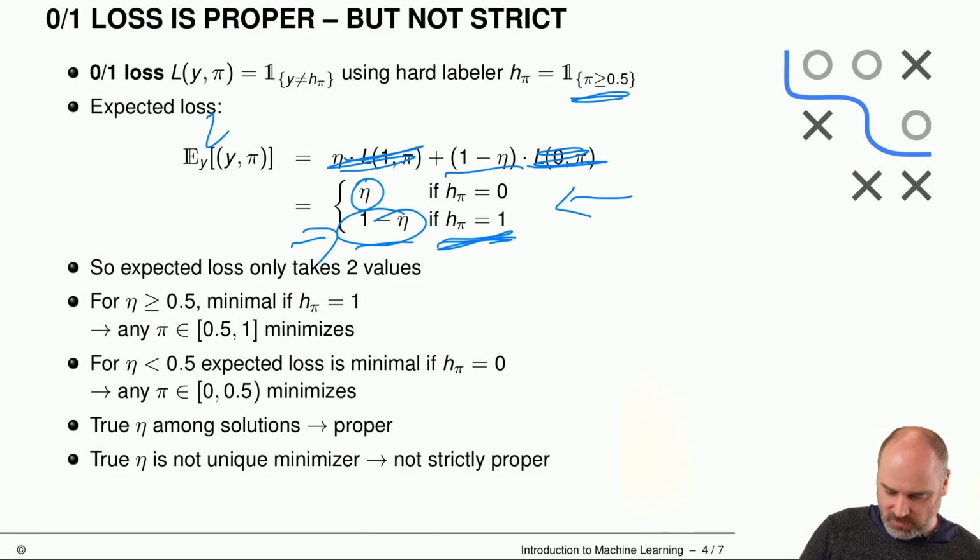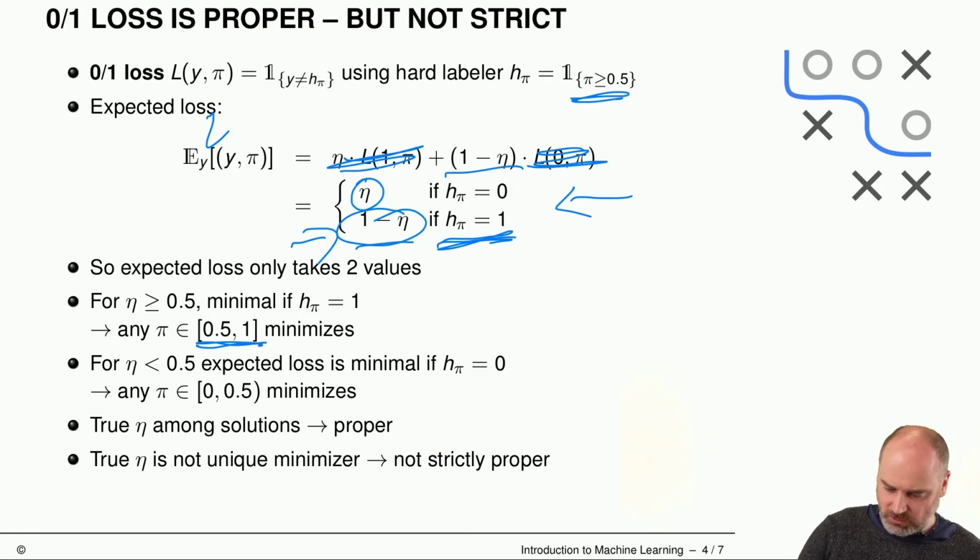Well, if this is true here, right? So if our pi prediction, and that's our probabilistic classifier, has a value, has a distribution which is larger than 50%. So the thing is now any value in this interval here from 50% to 1 actually minimizes my expected loss.